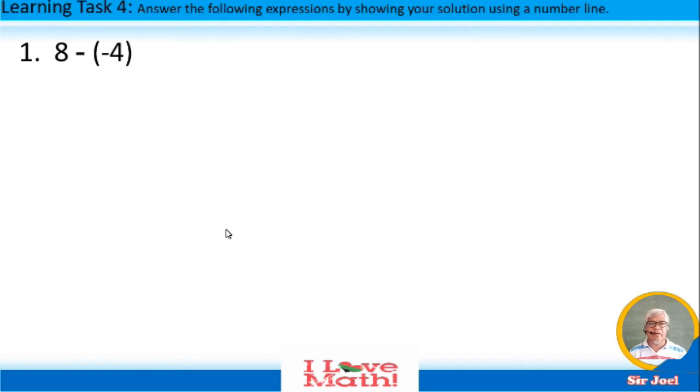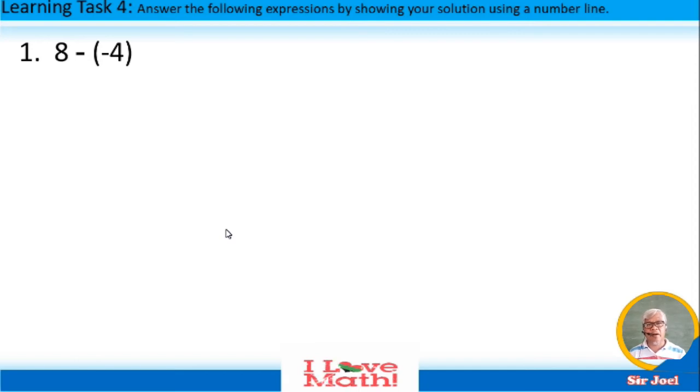Learning task number 4. Answer the following expressions by showing your solution using a number line. So similar ito sa ating learning task number 3. Kung kanina ang operation involved ay addition, this time ang operation ay subtraction. So let us answer problem number 1. 8 minus negative 4.